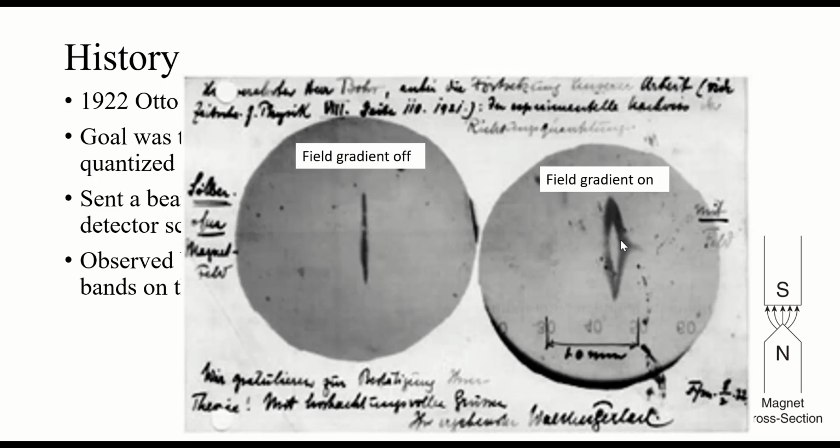Little interesting story about this. Apparently, when they first performed their experiment, their silver beam was really weak. They hardly had any silver atoms going through, so the silver should have been very, very faint when it hit the detector, and they should have had a much more difficult time seeing these bands.